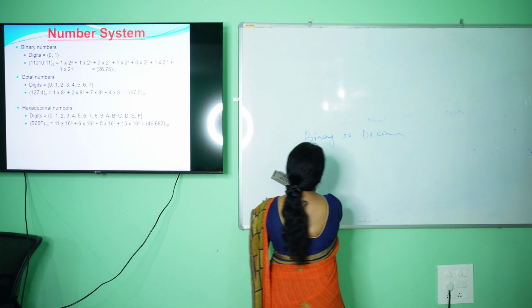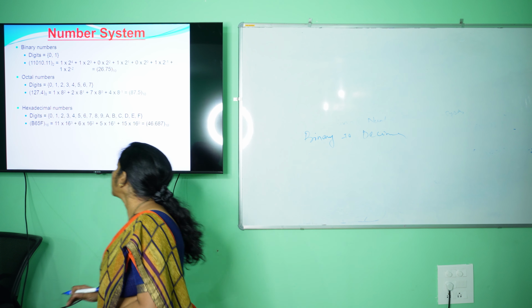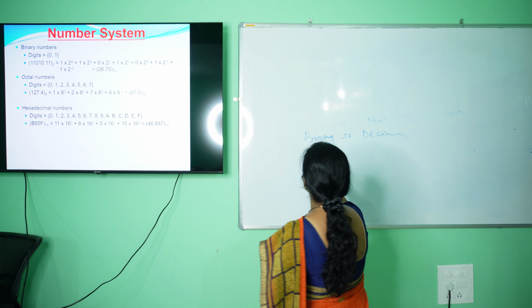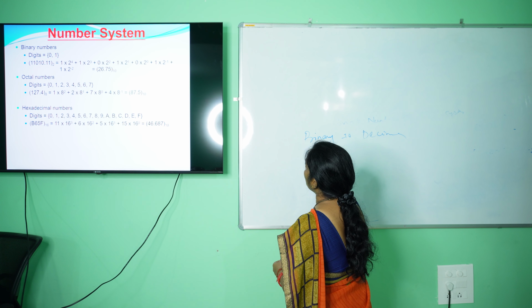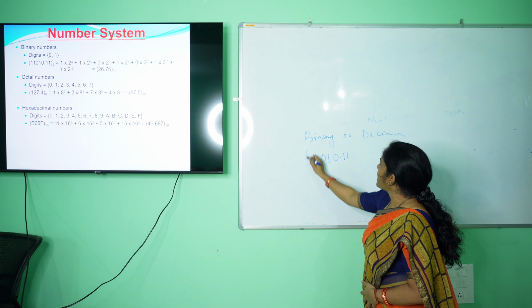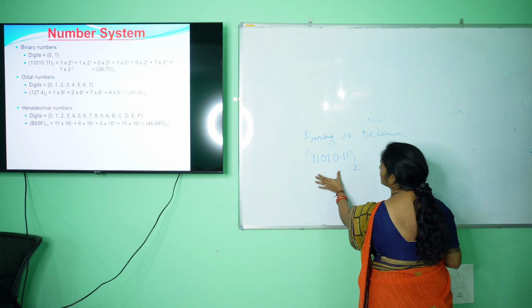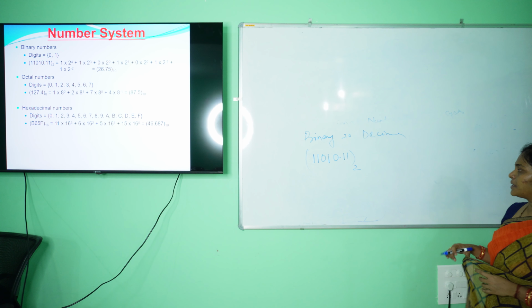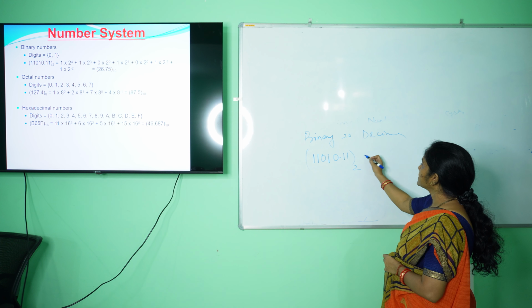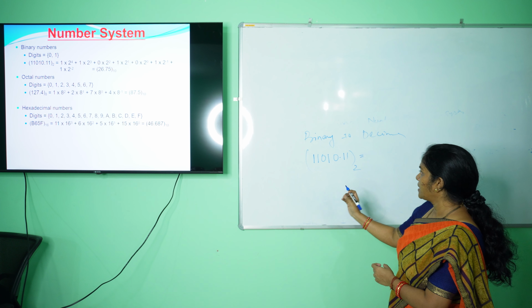So first of all, binary to decimal. Suppose for example 11010.11. This is my binary number. Here also we have the whole number part and the fractional part. So how to convert this? Here the procedure is a little bit different.